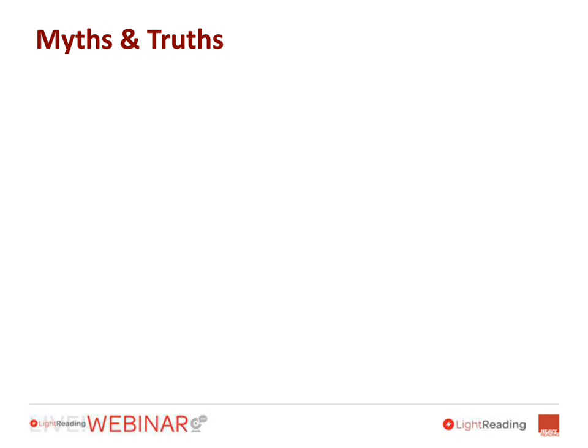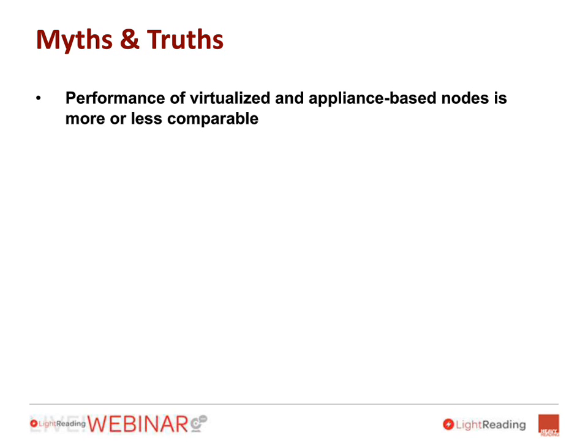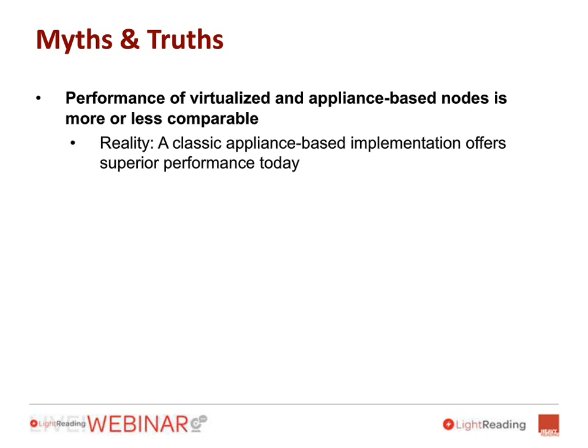So in the first instance, the assertion is the performance of virtualized and appliance-based nodes is more or less comparable. Well, to that, I would say, no, not yet, not today. The classic solution, and like Pierre said, he didn't really like the word legacy there, I don't really like the word classic, but essentially brand new state-of-the-art platforms that have just gone into networks and so forth.